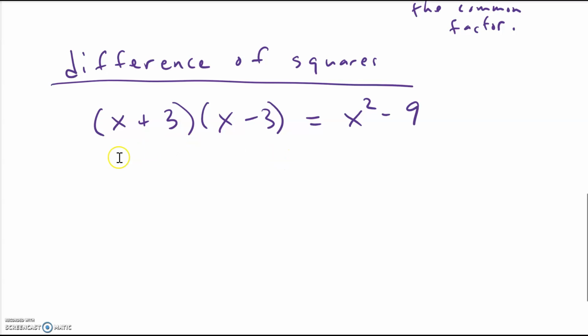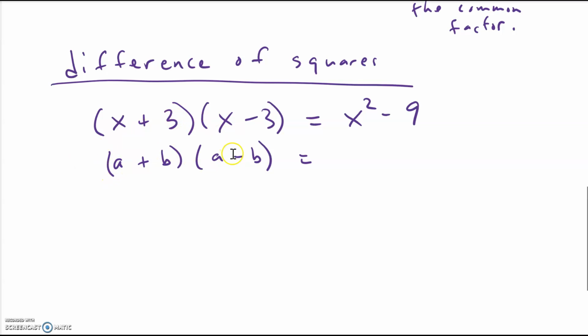And so the pattern is anytime you have 2 binomials that have the form a plus b, a minus b, the same terms except one has a plus, one has a minus, then the shortcut is you just square the first term.